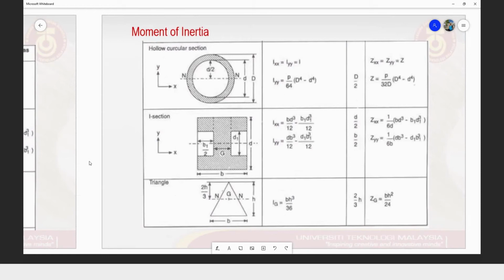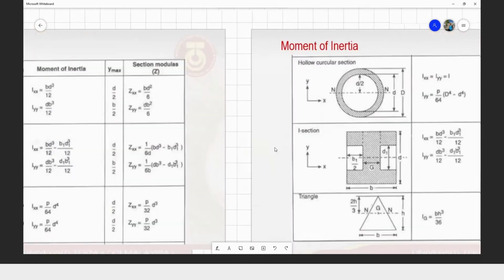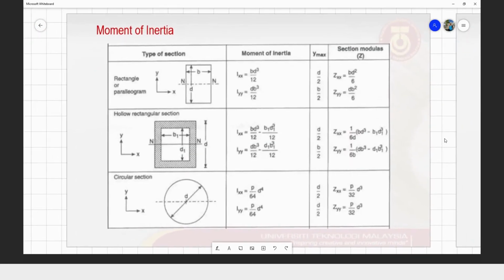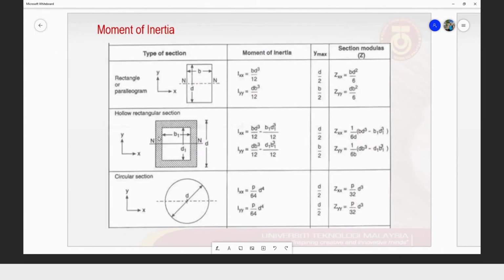Usually for a simple type of beam, maybe in the form of rectangular or hollow rectangular section, untuk rectangular or parallelogram type of beam, usually you need to remember IXX, IYY for the given structures.